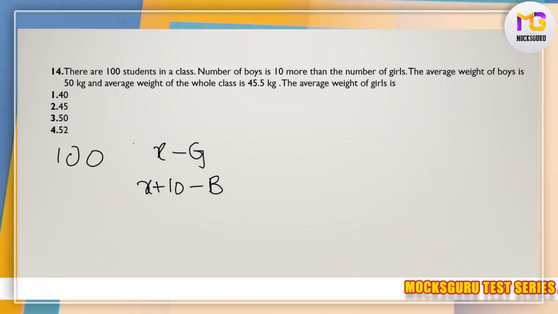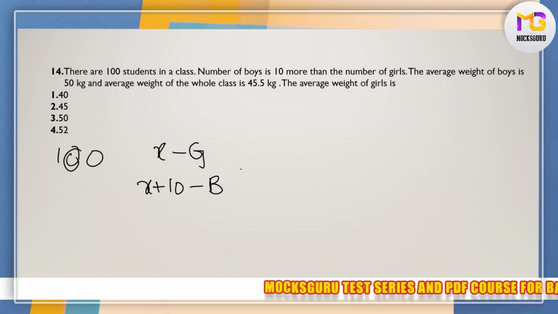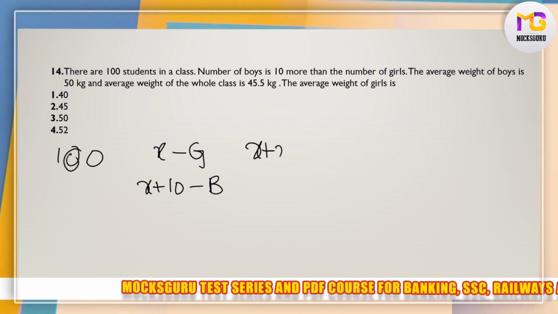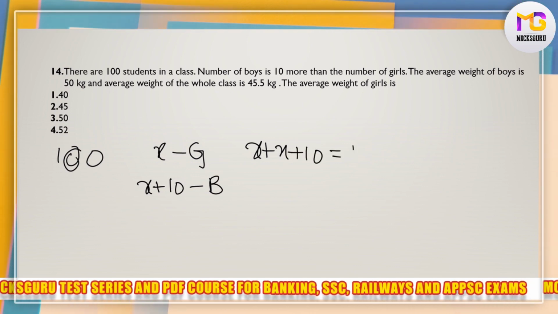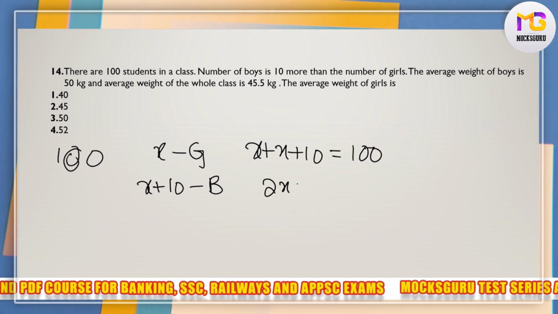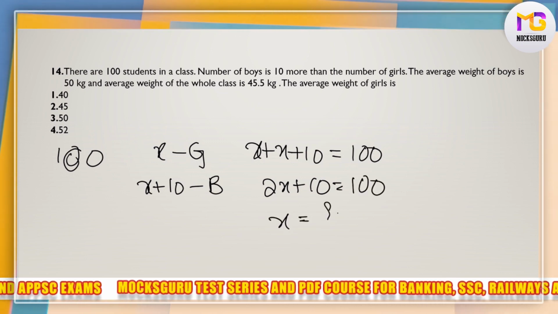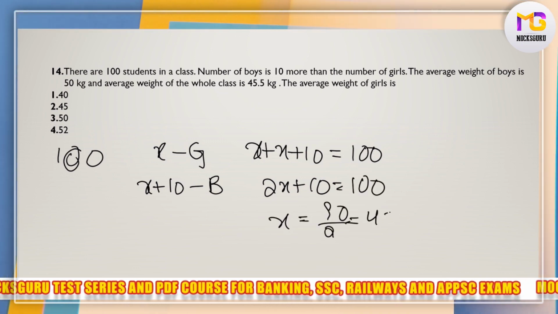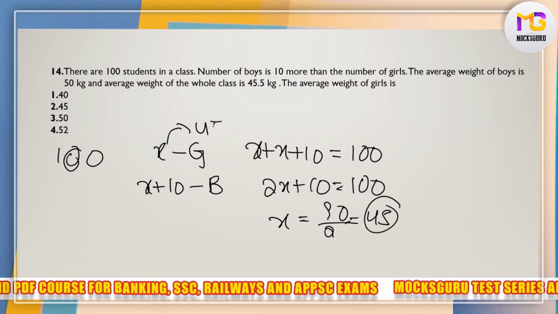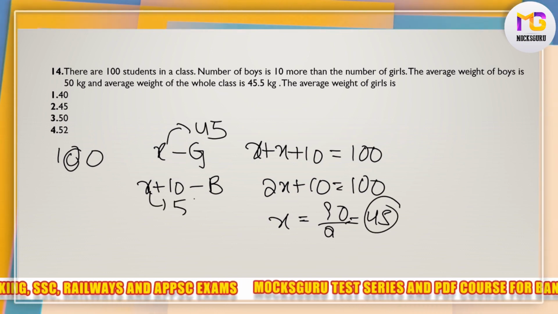First we have to find how many girls and how many boys there are. x plus x plus 10 is equal to 100, 2x plus 10 is equal to 100. So x is 90 by 2, which is nothing but 45. We have 45 girls and 55 boys.